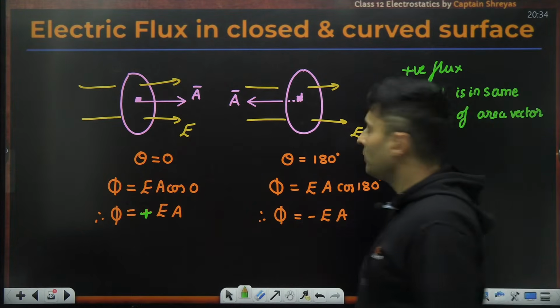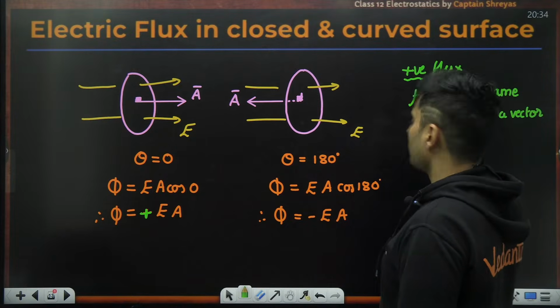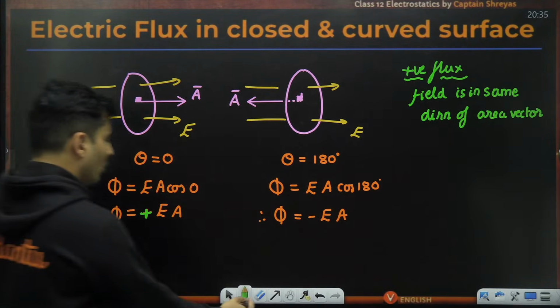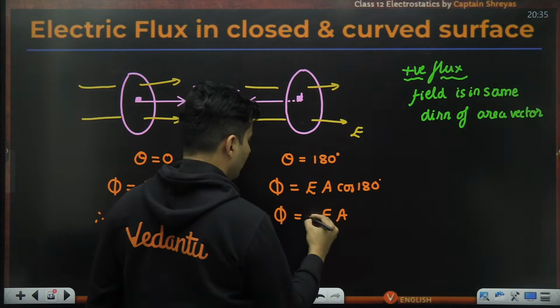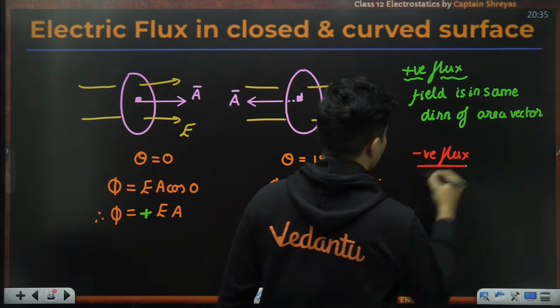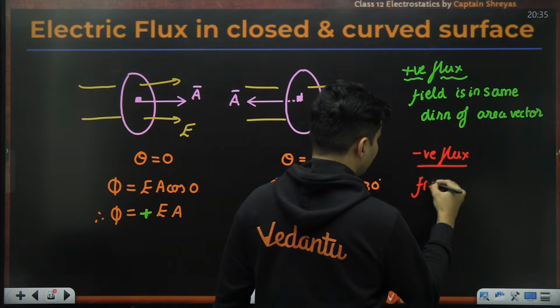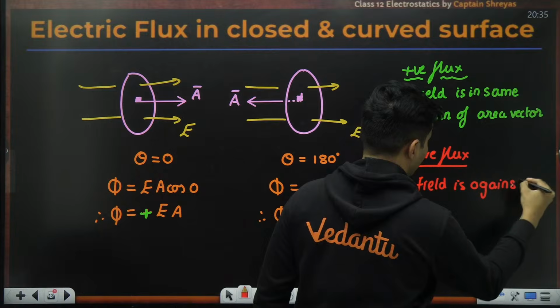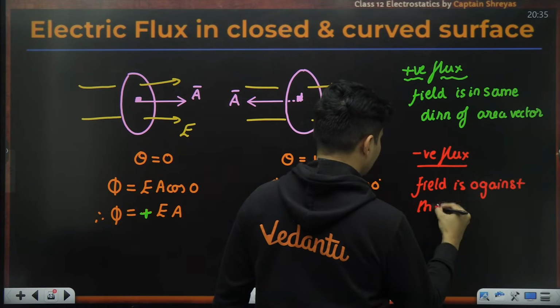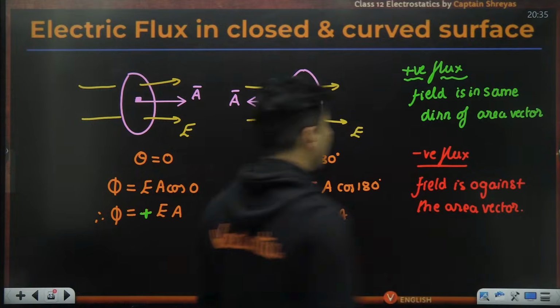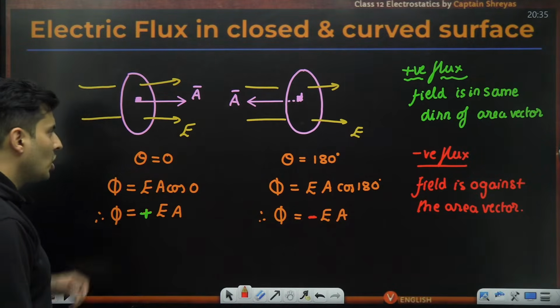That is the meaning of positive flux. It's going on the same side. But the moment it is negative, negative flux just means the field is against the area vector. That is the meaning of it.